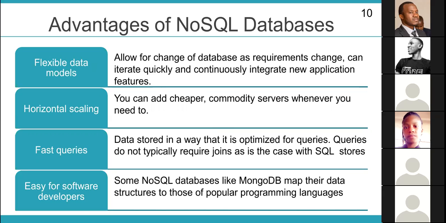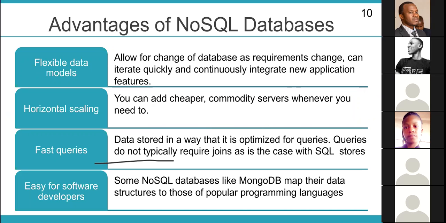We've seen this again. Some NoSQL databases like MongoDB map their data structures to those of popular programming languages, as we shall see, and as we've discussed before, document databases store data in a notation that is very similar to a data structure in the most popular programming languages.